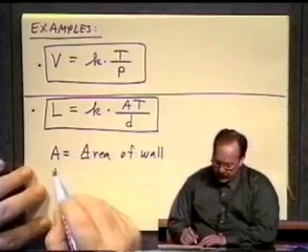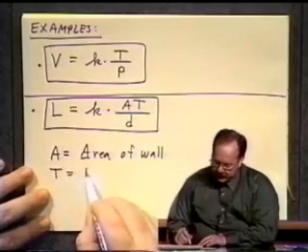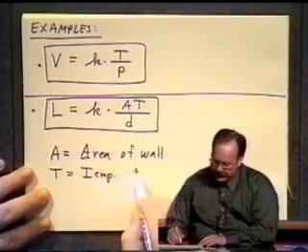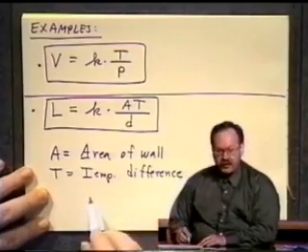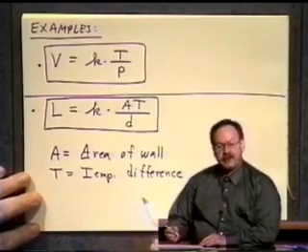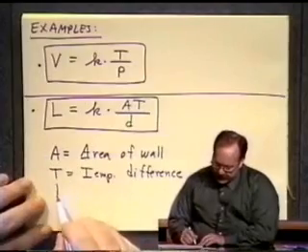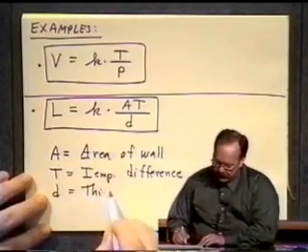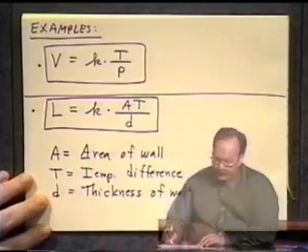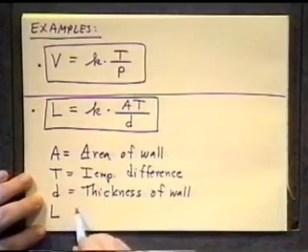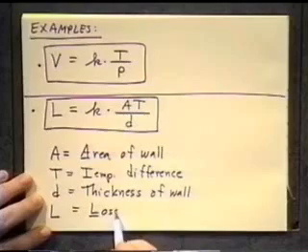T is equal to the temperature difference between the inside of the wall and the outside of the wall, like the inside of your house in winter and the outside of the house. d is the thickness of the wall. And L, what you're computing there, is the loss of heat.